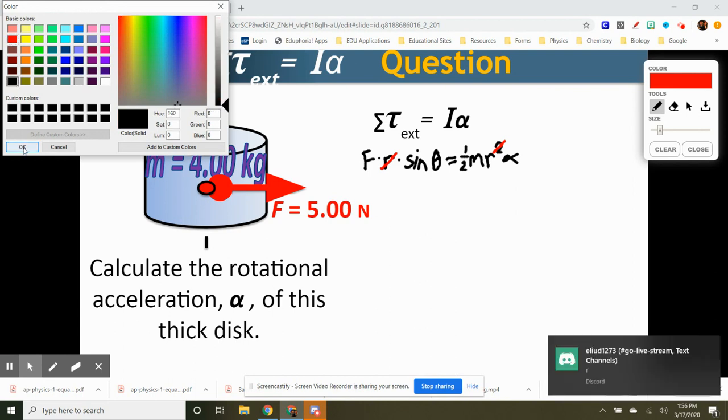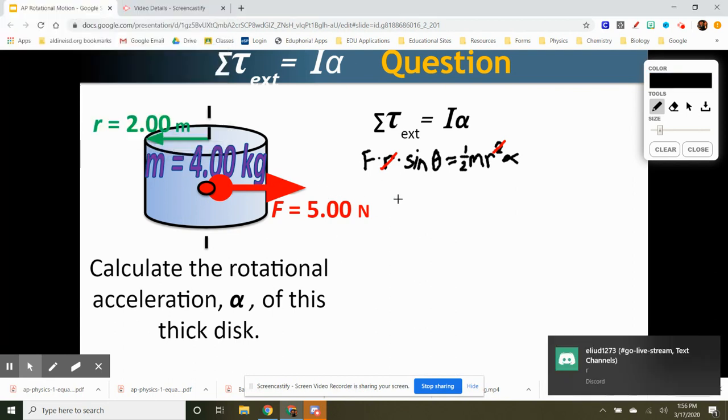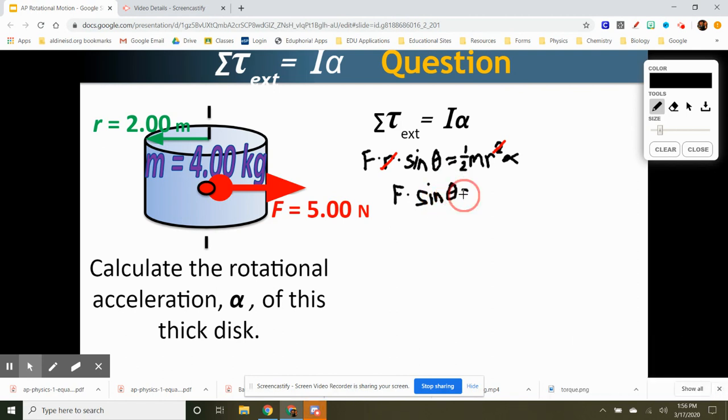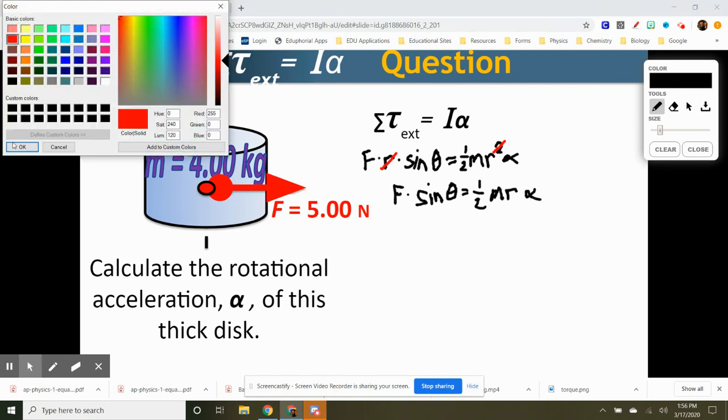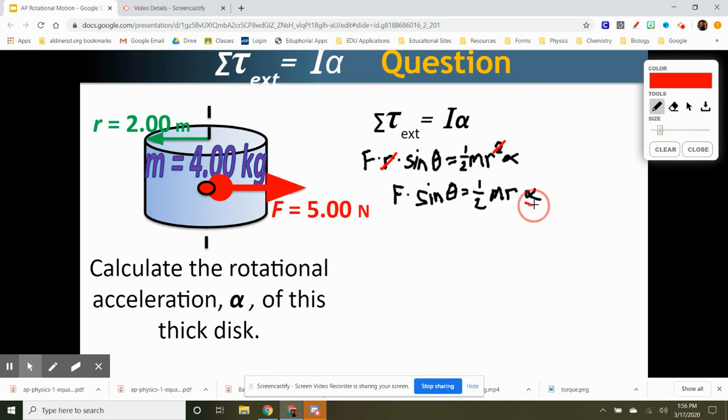Okay, let's clean it up. So F sine of the angle that it's applied equals 1/2 m, just one r, and then alpha. Okay, so remember, we're solving for angular acceleration, which is this variable.